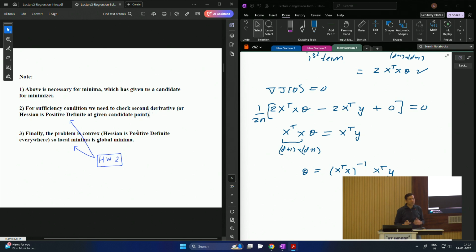If it is not full rank, the rank of the matrix is not d plus 1 in this case, then it will not be invertible, which means that the inverse may not exist. You may be lucky to numerically find an inverse, but it's not guaranteed, which means that you'll have to fall back to other techniques, and that is where the numerical solution comes, which we're going to talk about next. But before I do that, I'm going to show you homework 2.